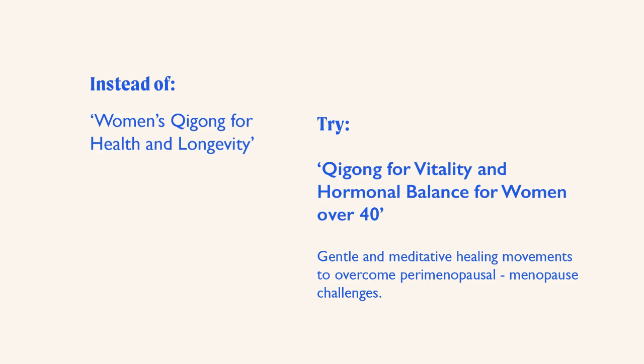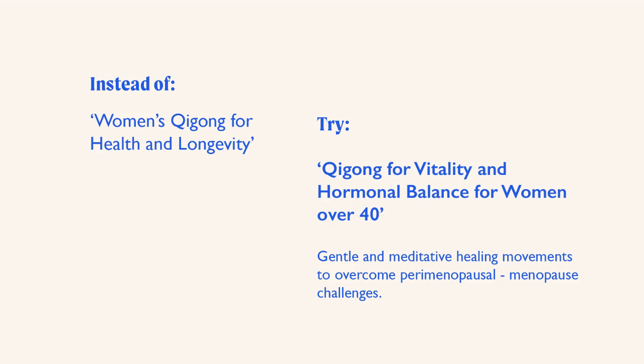So: "Qigong for vitality and hormonal balance for women over 40." That's already more specific than "Women's Qigong for health and longevity," where the age is only implied, not directly stated. And what's the appeal of Qigong for these people?